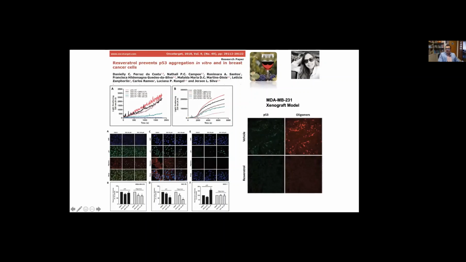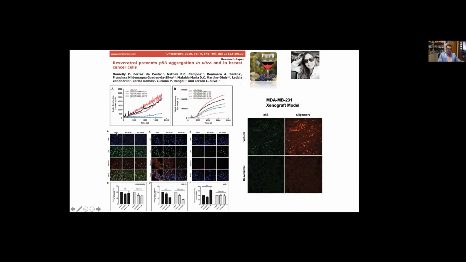We know that resveratrol is present in grapes, grape juice and wine, and that was work done during the PhD of Daniele, who found, with other students, that resveratrol can inhibit aggregation of mutant p53 at lower concentrations. Fortunately, it is still at a very high concentration, equivalent to having 10 bottles of wine per day, which is probably not healthy. That is shown not only in vitro but also in cells.